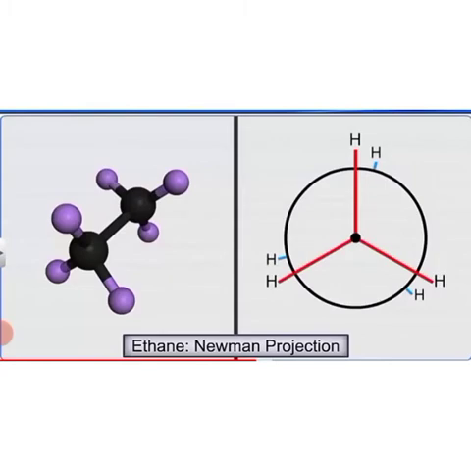The bond angle between these lines is kept at 120 degrees. The hydrogen atoms connected to the carbon atom in the front are represented by longer lines, and those connected to the carbon atom at the back are represented by shorter lines.